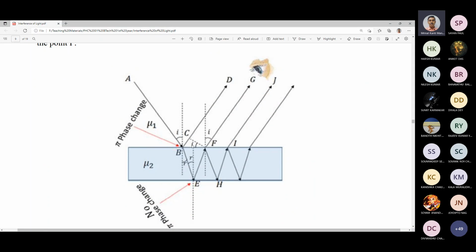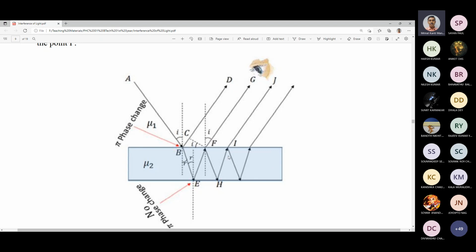First of all, we consider the reflected beam from a glass plate. Here it is a glass plate of refractive index mu2, and in the surrounding medium the refractive index is mu1, and mu2 is greater than mu1.